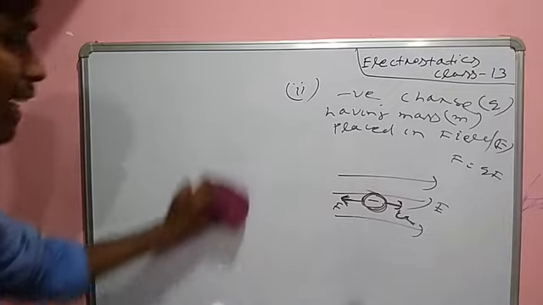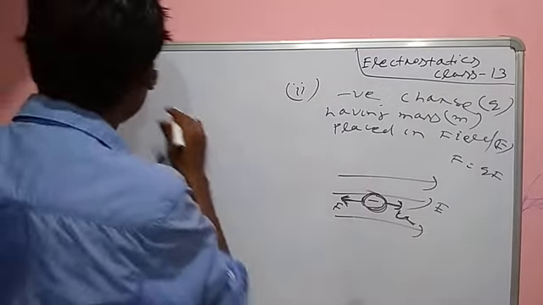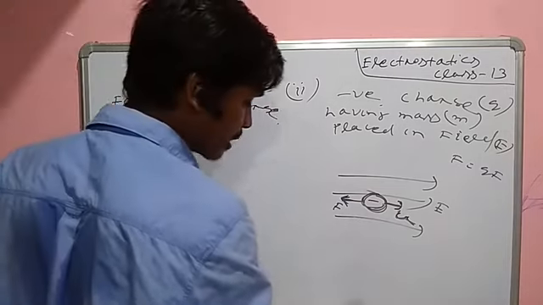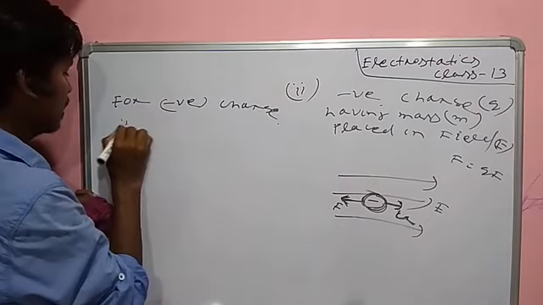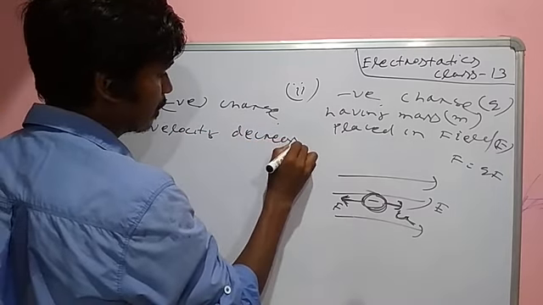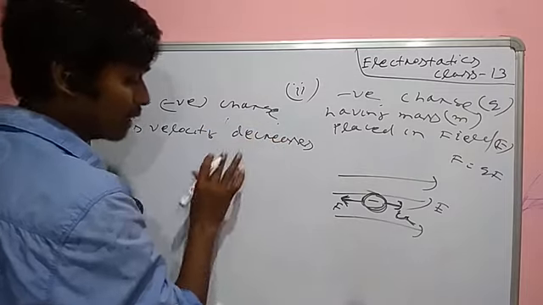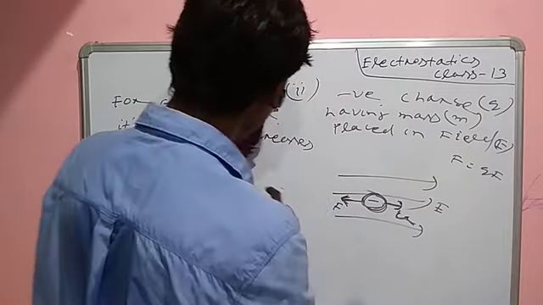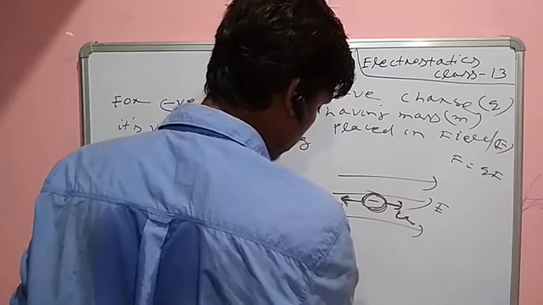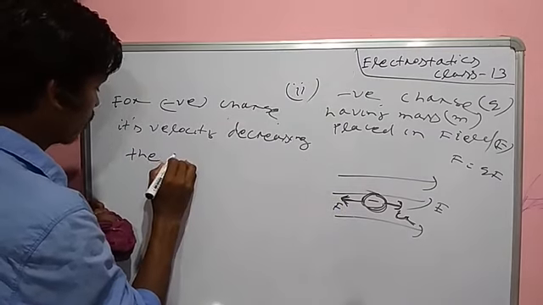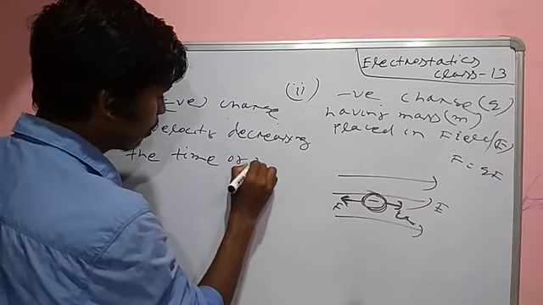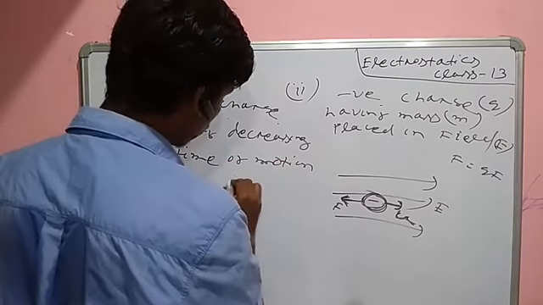So you can write: for a negative charge, its velocity decreases, its velocity is decreasing, the time of motion, retardation.